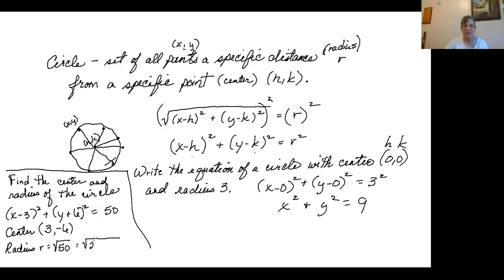We want to factor it into a perfect square, if it's possible to do so, times whatever. And then we simplify it by taking the square root of the one that was a perfect square. So this would become 5 times the square root of 2, which would be your exact value.